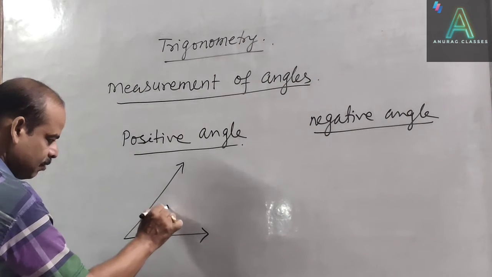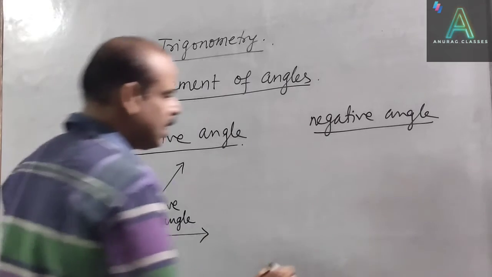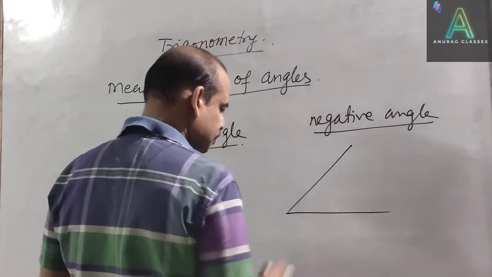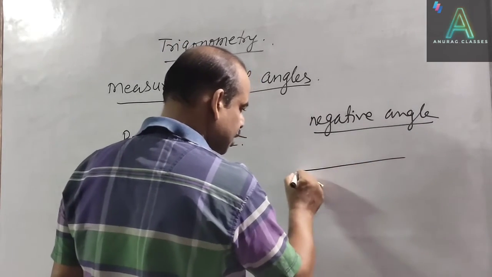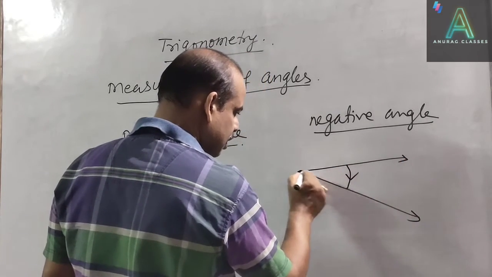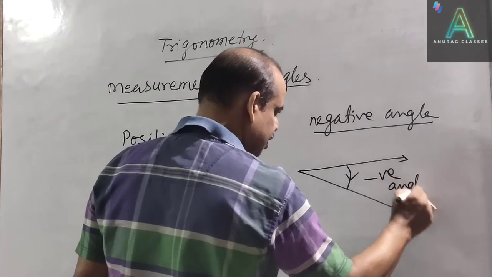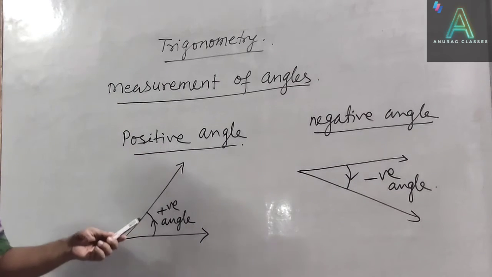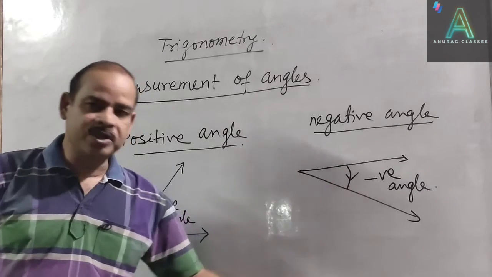In this case, angle formed is positive angle, and if the revolving ray moves in clockwise direction, then the angle subtended is called negative angle. First of all, you have to know these two differences. Positive angle means anti-clockwise orientation and negative angle means clockwise orientation.